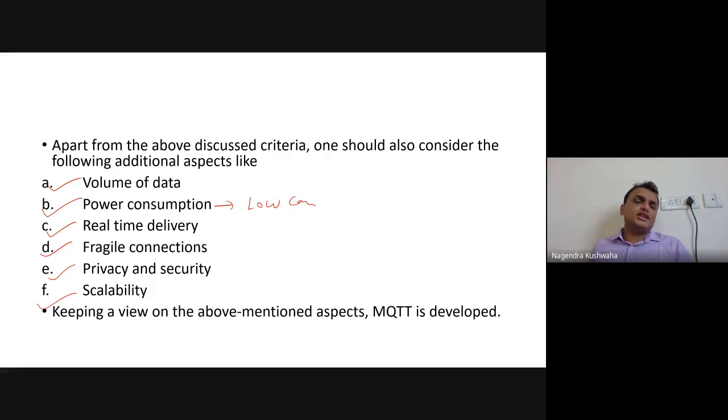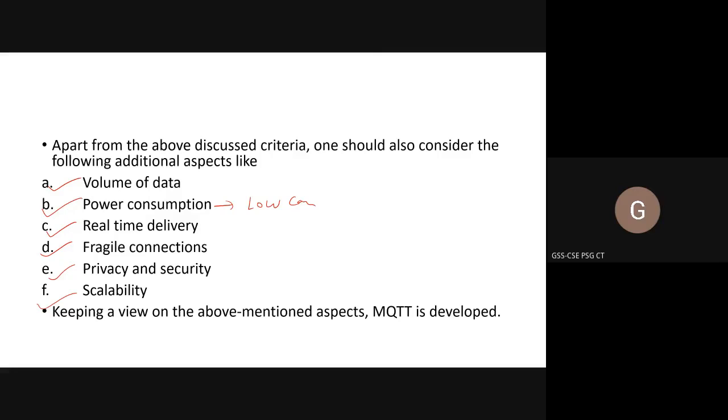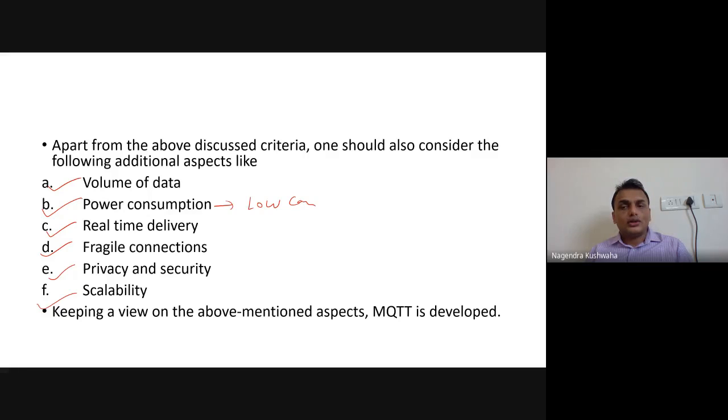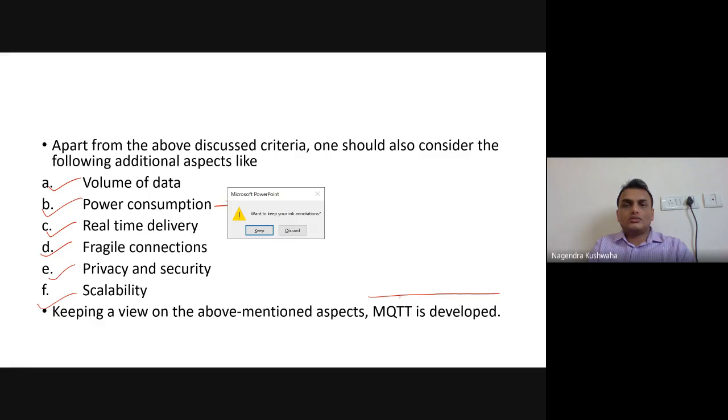Scalability is also one of the important parameters when you are going to design any protocol for IoT, right? So therefore, keeping all those above four points and below six points in mind, IBM developed MQTT. I request you to switch off your microphone.